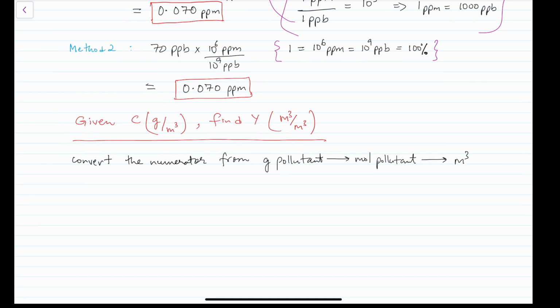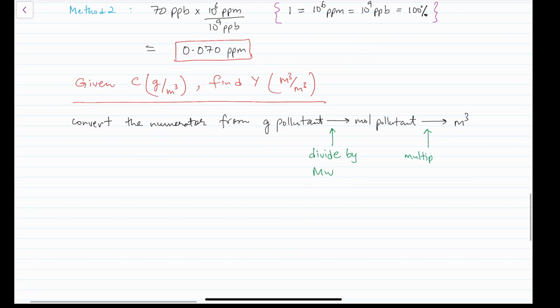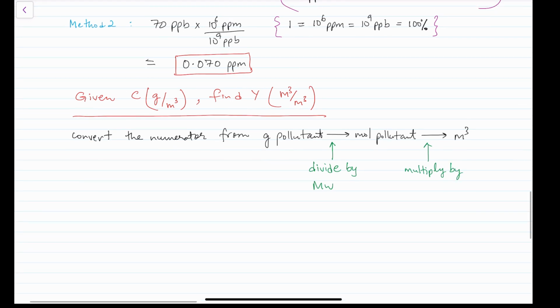How do you convert from grams to moles? So recall some of your chemistry, and to convert from grams to moles we need to divide by the molecular weight. We get the moles, and once we have the moles we just multiply by volume over mole.